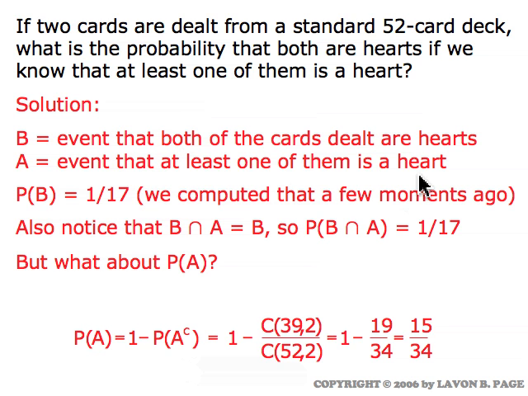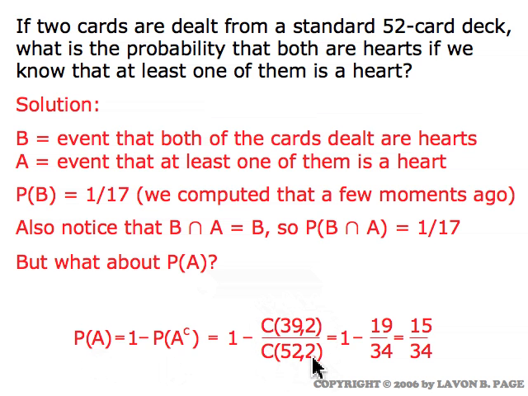which means we're looking at cases where the two cards dealt come from the other three suits, clubs, diamonds, and spades. So to find the probability of A, we can do 1 minus the probability of the complement, and we can calculate the probability of the complement just as a counting problem.